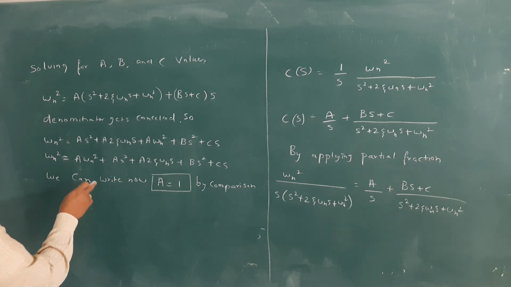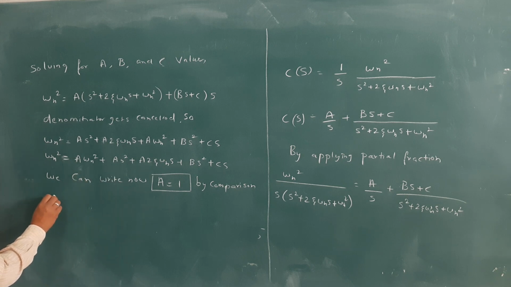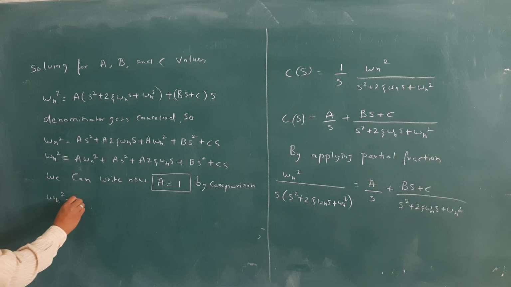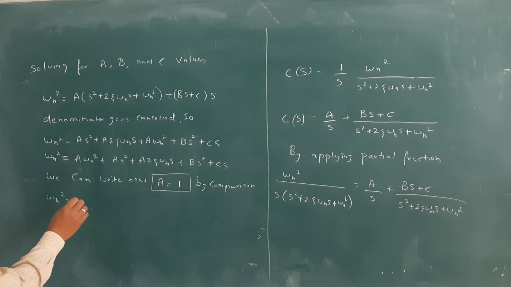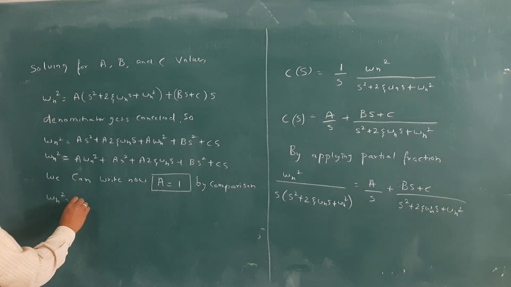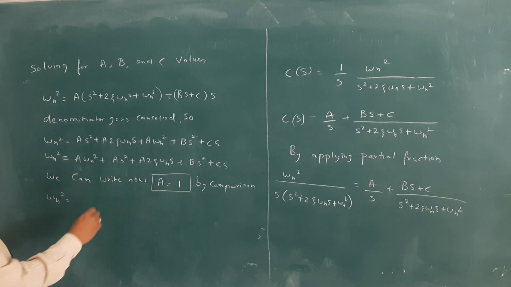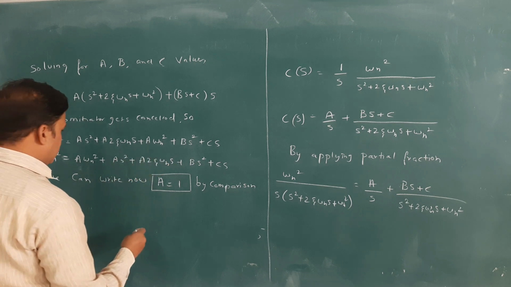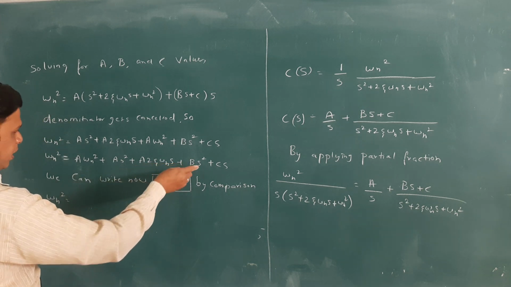Now what we do here is, we take out a common. Omega n square is equal to a into s square plus 2 zeta omega n s plus omega n square, plus bs square plus cs. Like this, if you see the s square term, it is a plus b into s square.